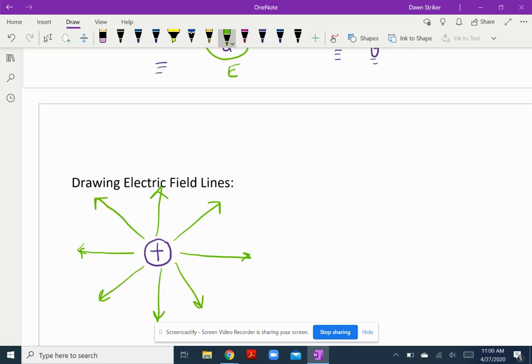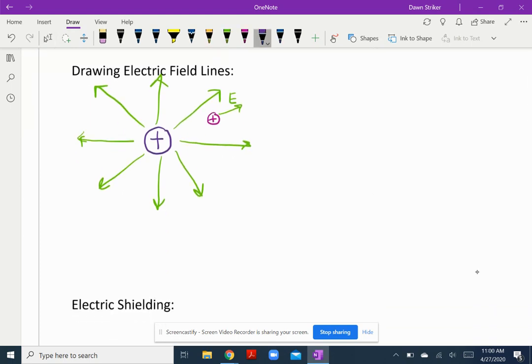So that positive charge there pushes away another positive test charge. So here's my little positive test charge. It's going to feel a force away. So the electric field around a positive charge points away. That tells me that it's repulsive.